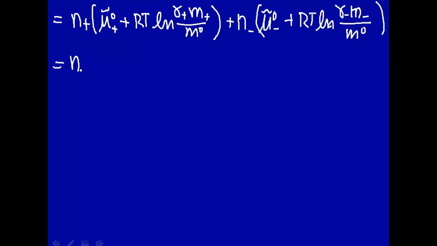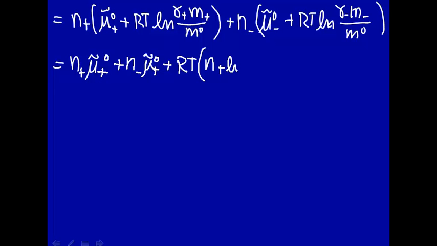Just let me rewrite this as N plus mu plus of the standard state, plus N minus mu minus of the standard state, plus, let me pull out an RT, N plus times the natural log of gamma plus M plus over M0, plus N minus times the natural log of gamma minus M minus over M0.